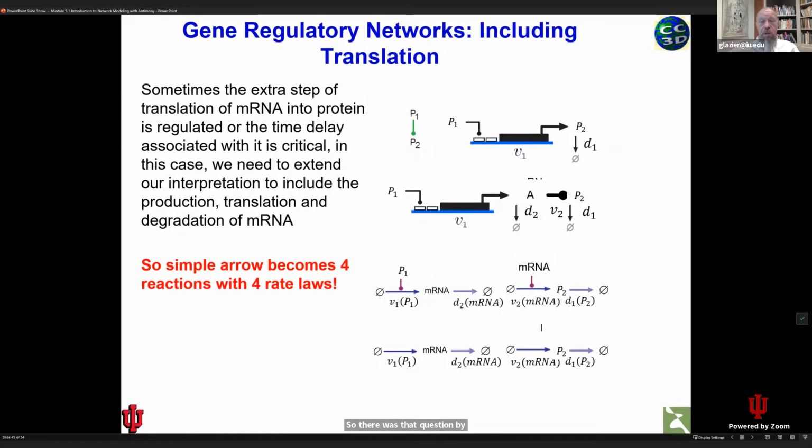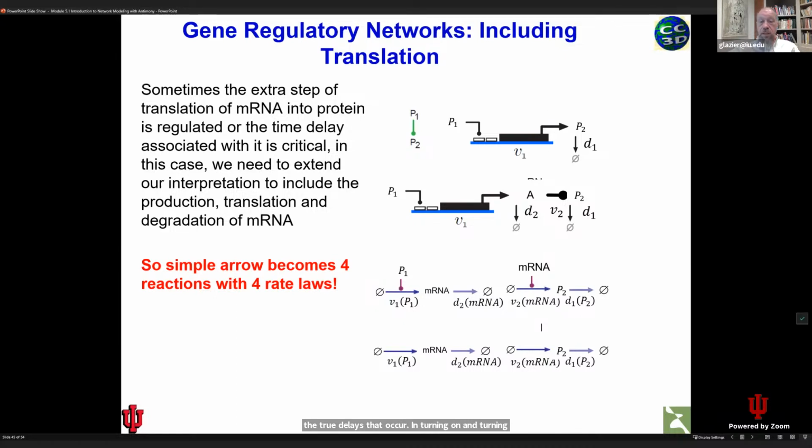If you explicitly represent the messenger RNA as a step, that gives you a bit of a delay in your system, and that's fairly well behaved. If you want to, you could add a transport or post-translational modification step too, and that'll come much closer to actually representing the true delays that occur in the turning on and turning off of genes to protein.